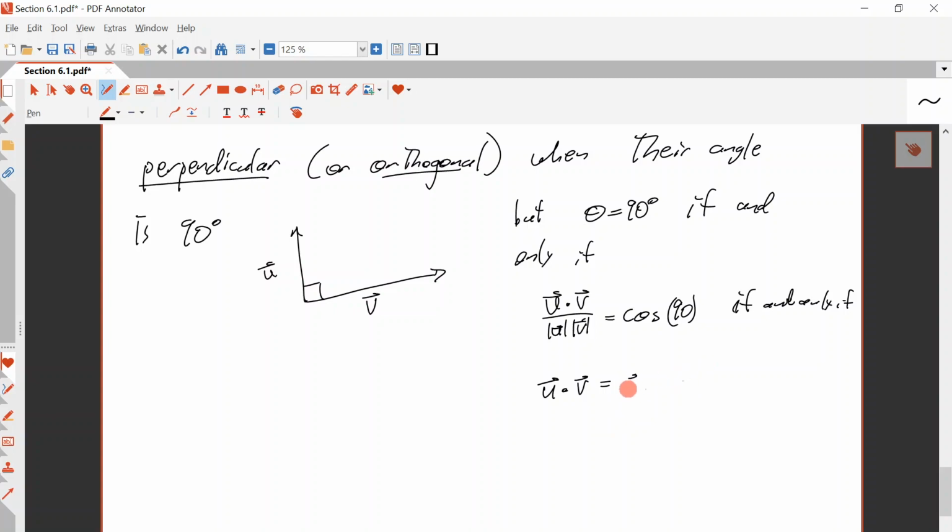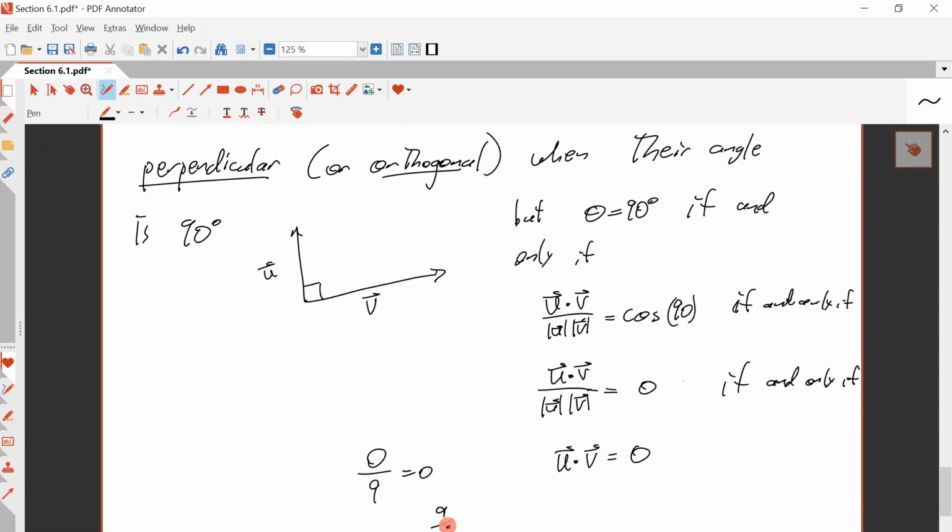Well, I can move it underneath that. U dot v over length u length v is 0 if and only if, as long as these vectors are not 0 themselves, in which case it's orthogonal anyway, a fraction is equal to 0 if and only if the numerator is equal to 0. 0 over 9 is 0. You can't divide by 0. 9 over 0 is undefined.